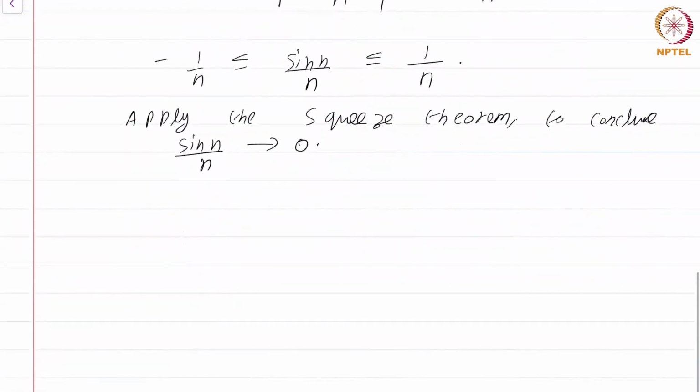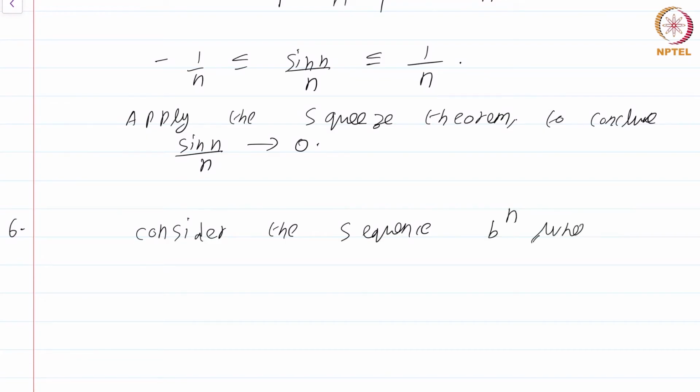Now let's see some more. What I'm going to do now is consider the sequence a power n. Note, this is not a power n. So to make it ultra precise, consider the sequence b power n, where b is fixed.